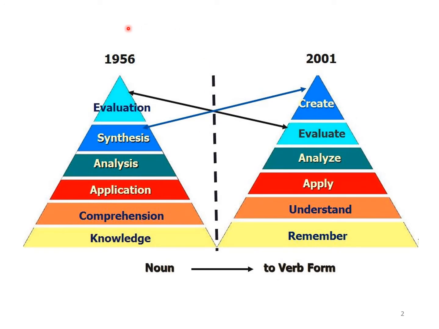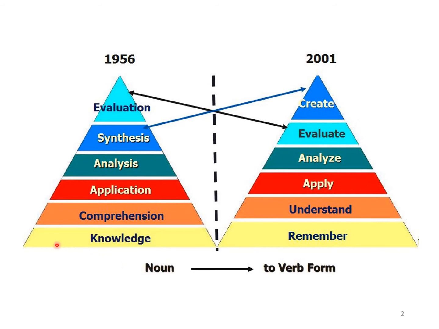So originally in 1956, when it was first published after several conferences which took place before this, this was categorized into different levels. First level was knowledge based, after that comprehension, then application, then analysis, synthesis, and lastly evaluation.